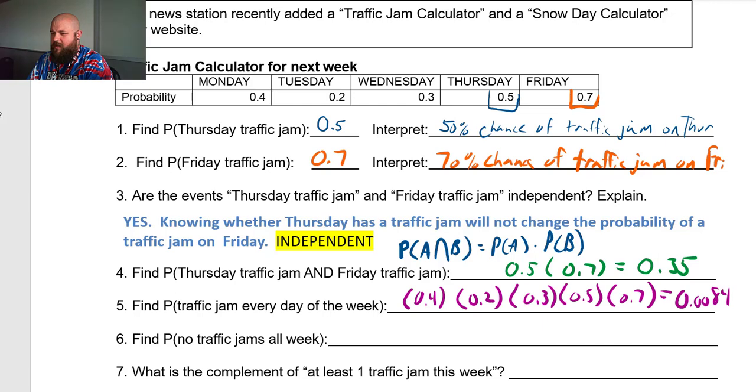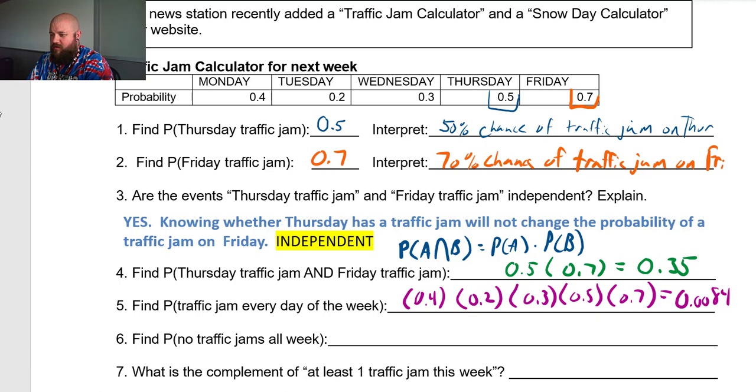Then I want you to find the probability of no traffic jams all week. We'll need to take the probability that's left from each one of these for each day.